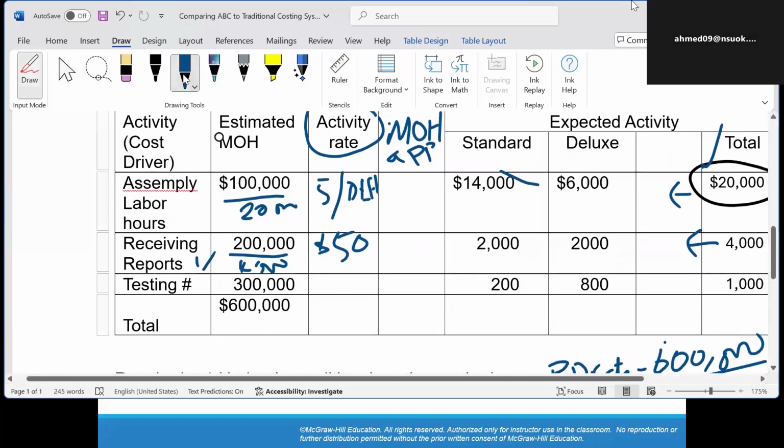And then 300,000 divided by 1,000, that is 300 per test.